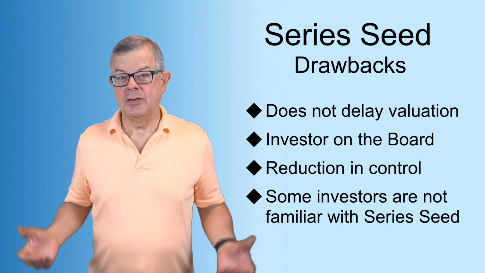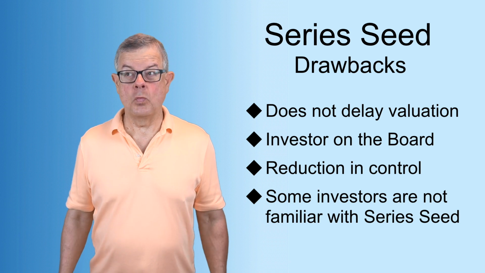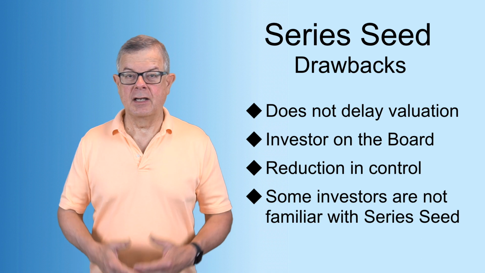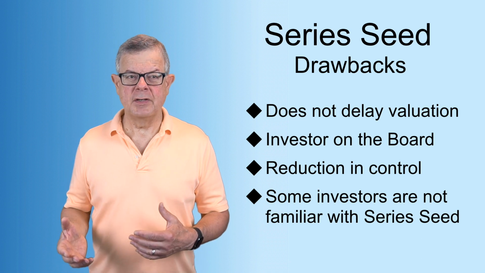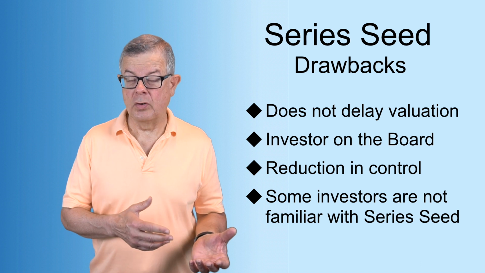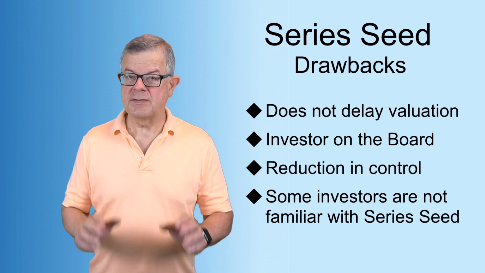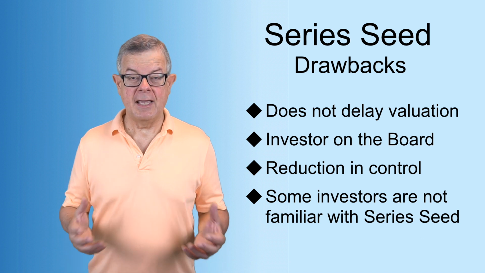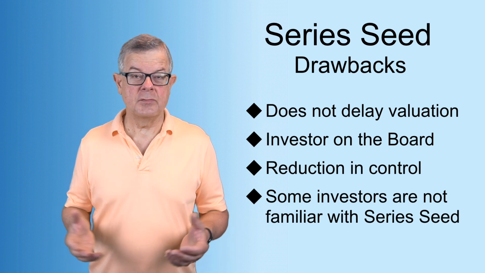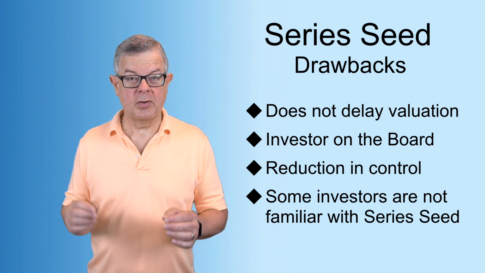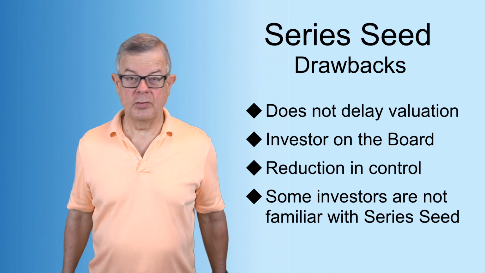Another drawback, you'll most likely end up with at least one investor on your board, a voting board member. In a convertible security investment, you may end up with an investor who's an observer on the board, but without voting rights. But with a Series Seed, there will be an investor who's voting, and the investors have special rights. So just in general, there's a lot of control lost with a priced round compared to a convertible security.